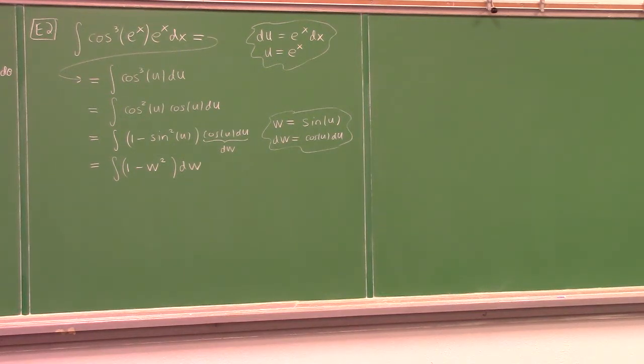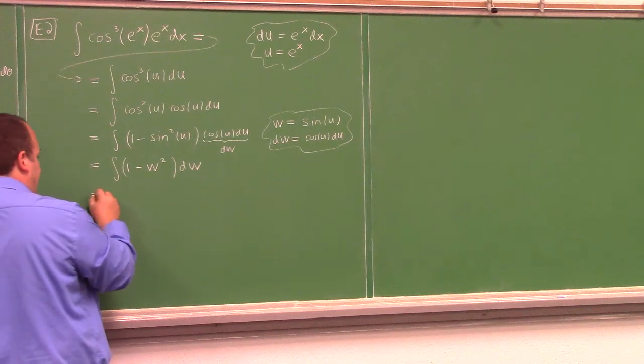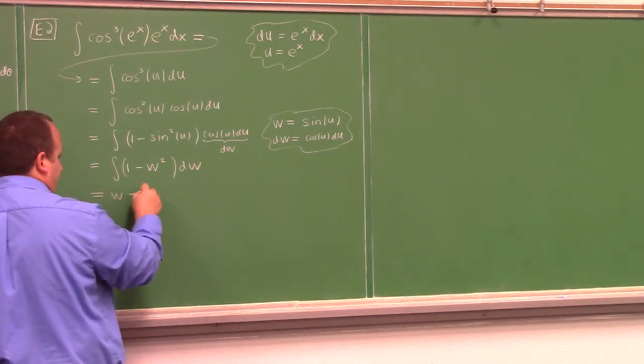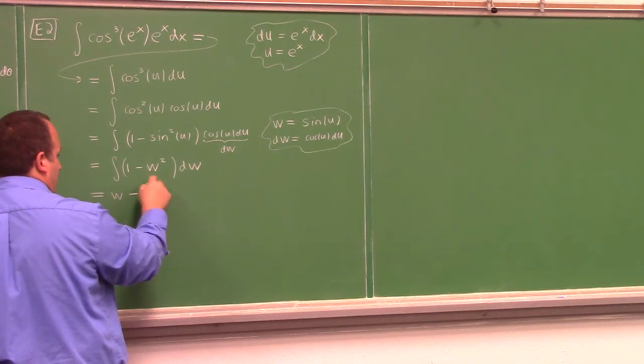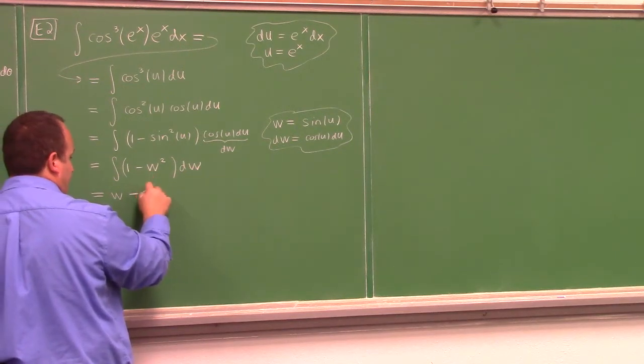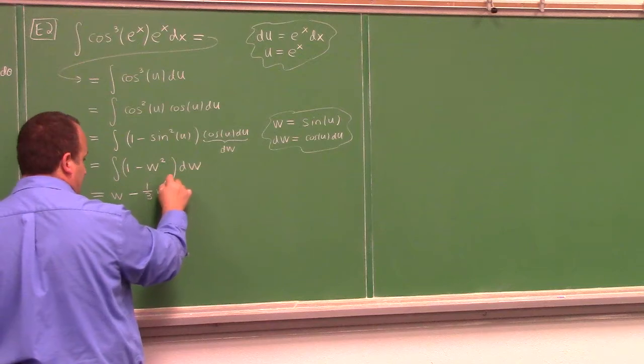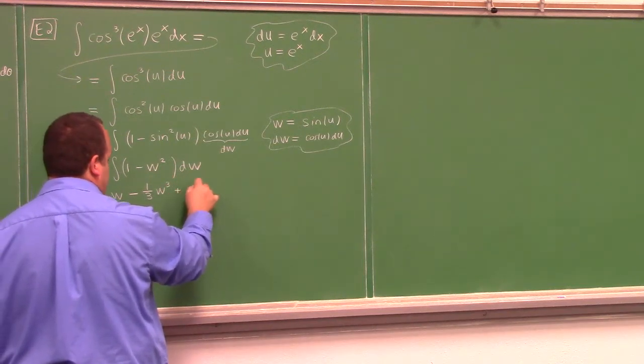Oh, and that we can do, right? The integral of 1 is w. What's the integral of w squared? Yeah, w to the third over 3, or 1/3 w cubed, right? Plus a constant.